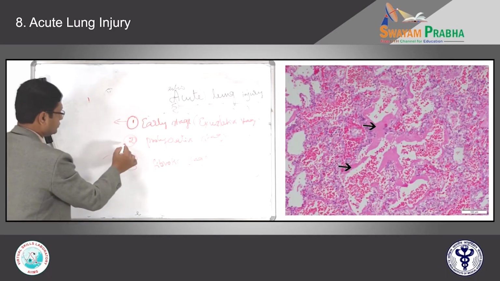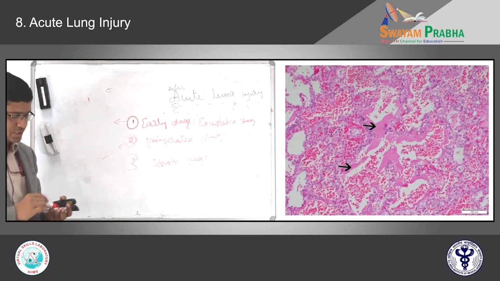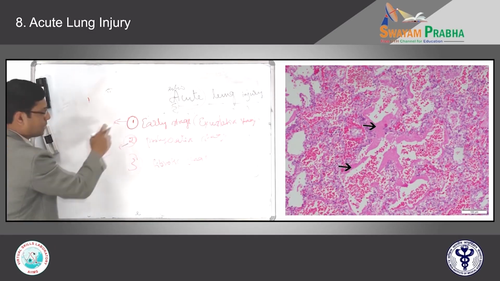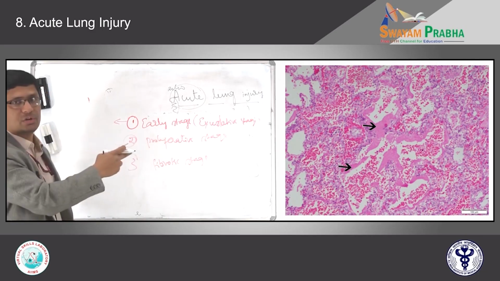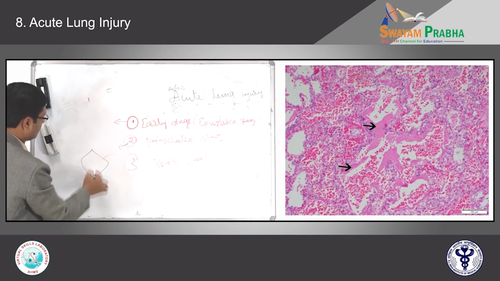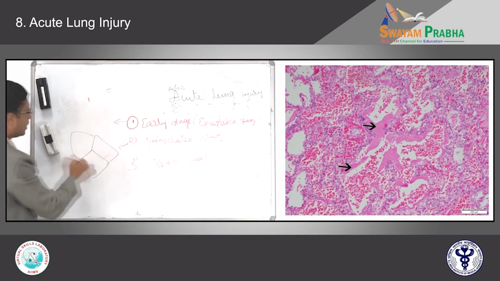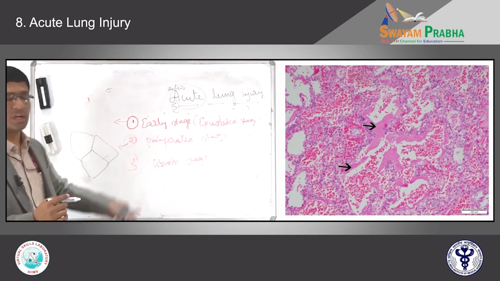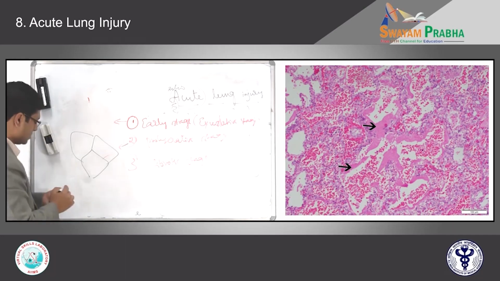Then, what happens in the proliferative stage? I'll show you the picture also. If you see the microscopic picture of the early stage, these are the alveoli. In the alveolar lumen, all of you can make out there is an arrow mark there.